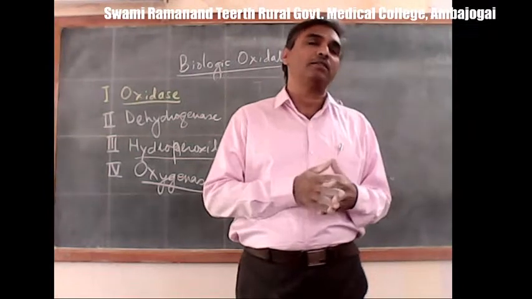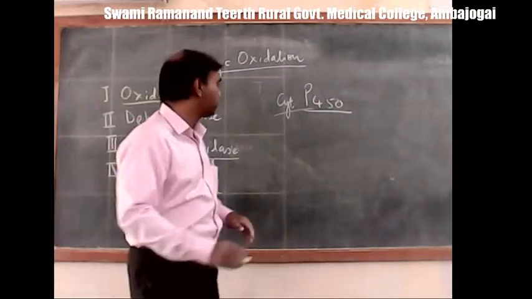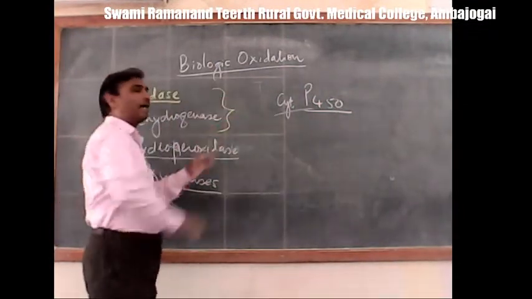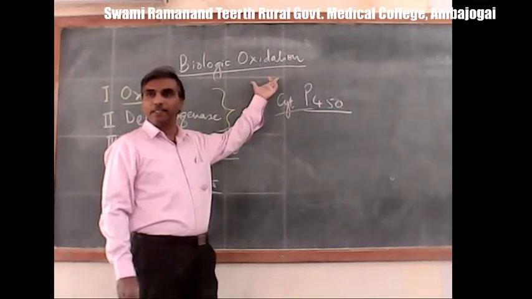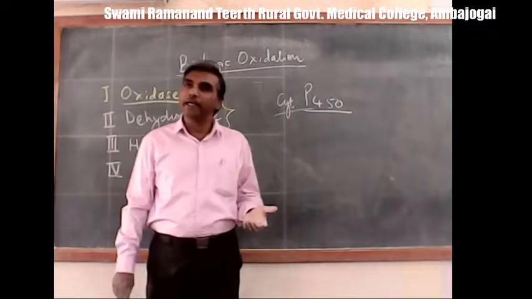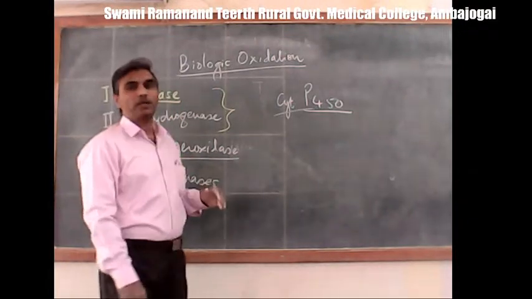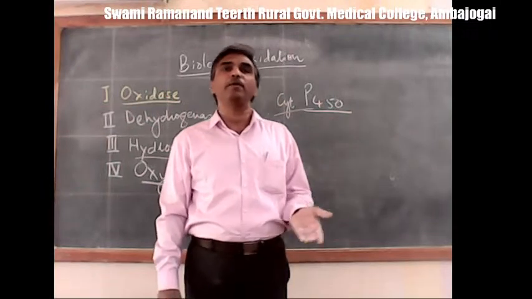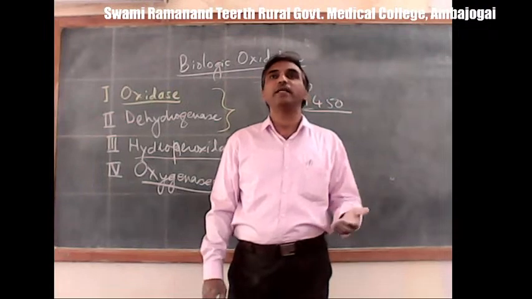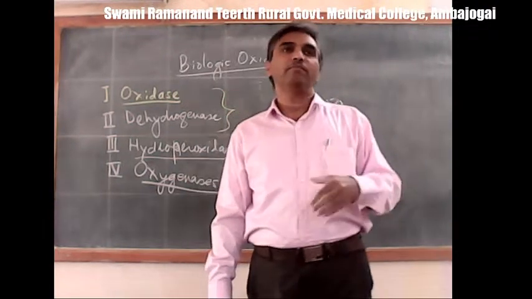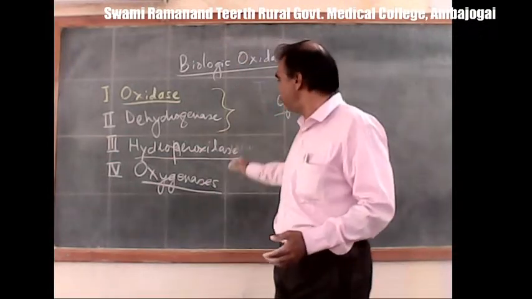These are the four classes useful for biological oxidation, out of which oxidases and dehydrogenases are directly involved in the oxidative process where the end product is phosphorylation, that is, capture of energy. While hydroperoxidases and oxygenases are important for synthesis of lipids, scavenging free radicals, or conversion of various xenobiotics, meaning outside substances, to be excreted from our body.